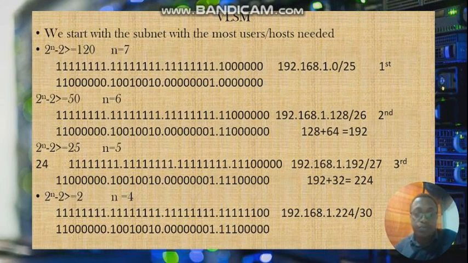And when you do the formula for the variable length subnet mask again, 2 raised to the power of n minus 2 is supposed to be greater than or equal to 25 this time round. And this time round we are going to get the value of n as 5, since 2 raised to the power of 5 is 32, and this will comfortably accommodate 25 users.